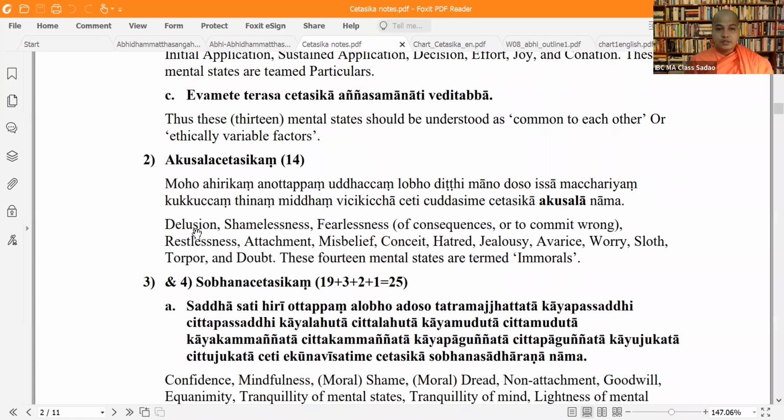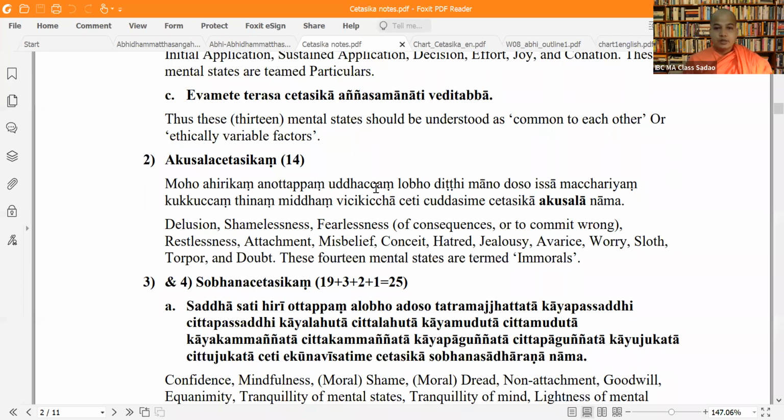Moho is translated as delusion. Ahirika, shamelessness, no shame, here referring to moral shame. Anottappa, fearlessness of consequences or of committing wrong. So this is regarded as moral fear, moral shame and moral dread.